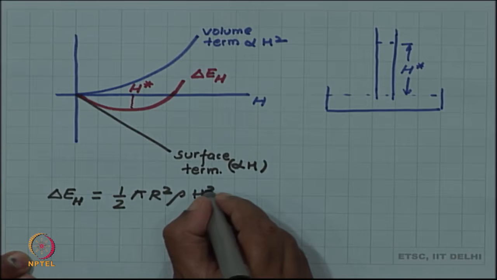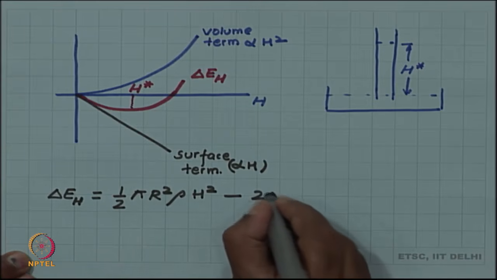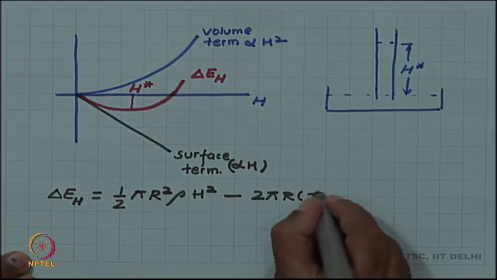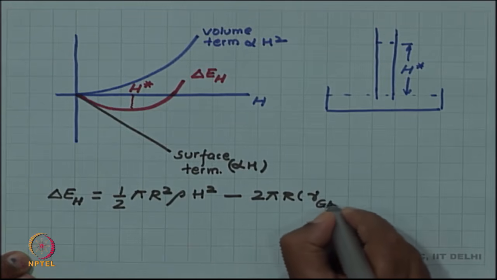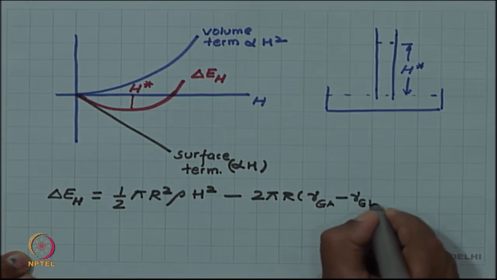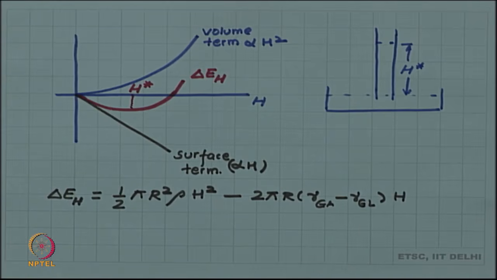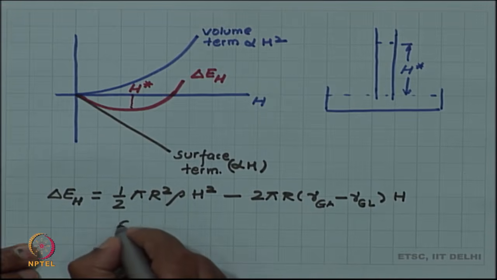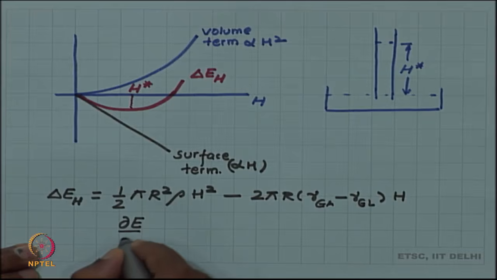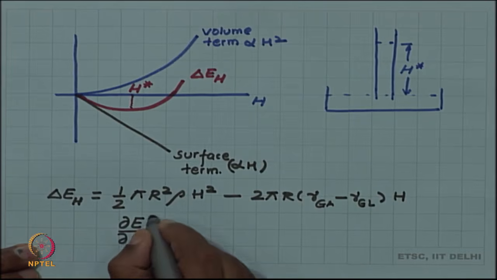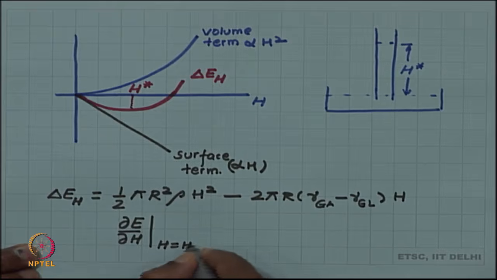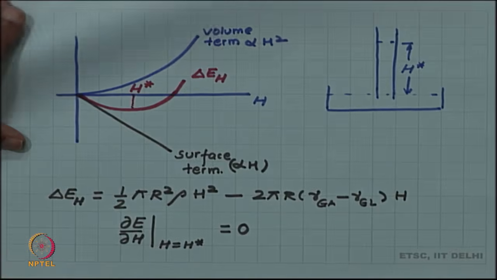So, we have this term, so for minimum we will need the condition to be 0. So, all you have to do is to differentiate this expression.